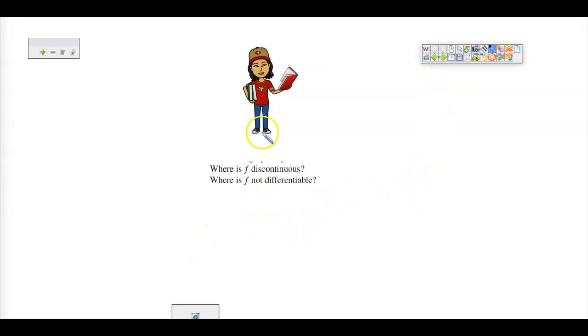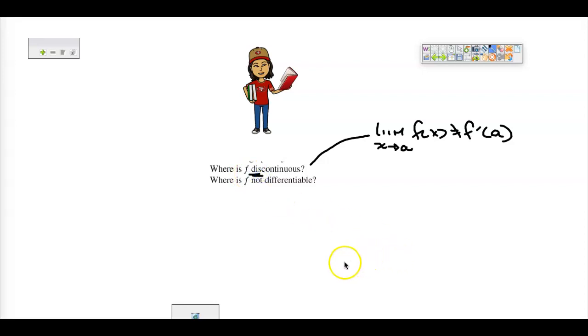It's a big difference when your function is discontinuous versus when your function is not differentiable. Discontinuous would illustrate that the limit as x approaches a of f of x does not equal f of a. Then that's when f would be discontinuous.